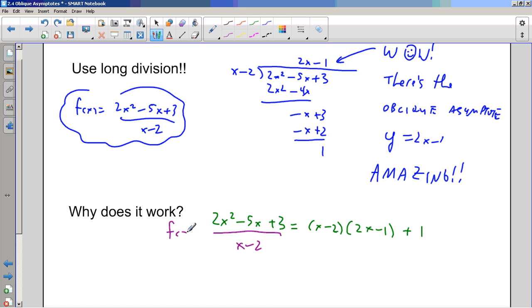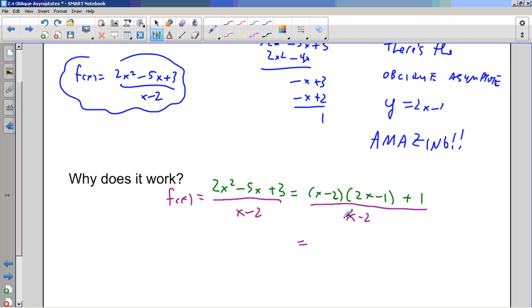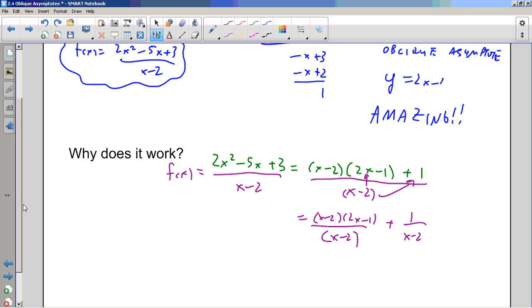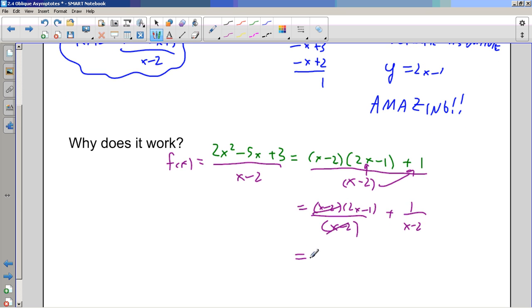But I have to divide this side by x minus 2. And notice that on the right-hand side here, what do I get? Well, divide this into both chunks. I'm going slow here, but you'll see what I'm talking about. That's the remainder, isn't it? That was that remainder 1. And over here, I think of this as then 2x minus 1 plus 1 over x minus 2.